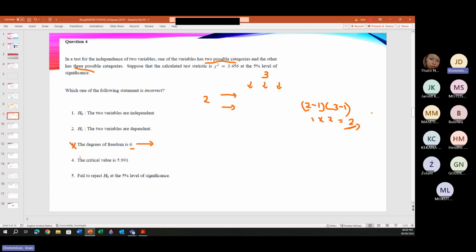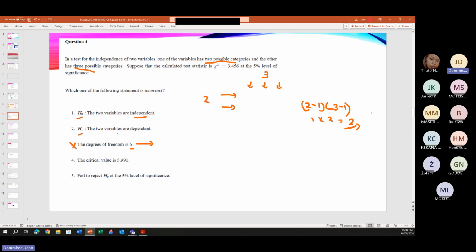Again, I always start with the easiest ones. So what I would start off with is degrees of freedom. Then I would check the two hypotheses. Null hypothesis, always independent.